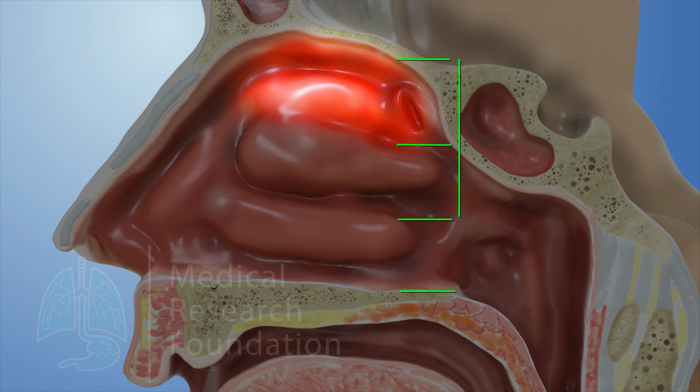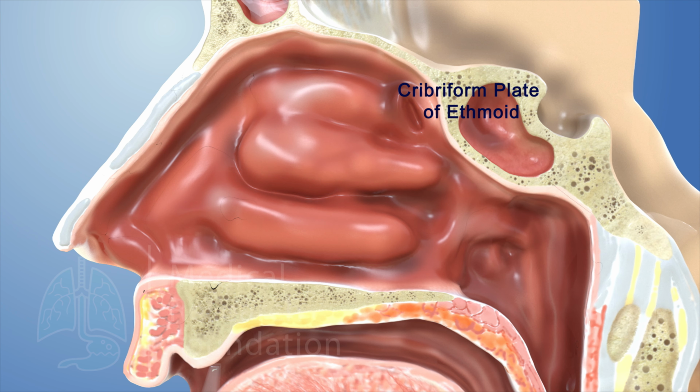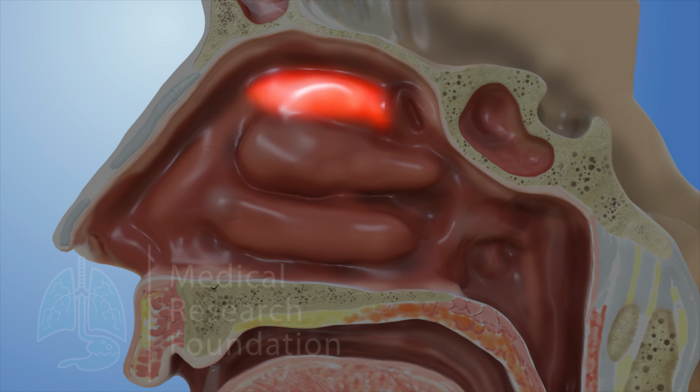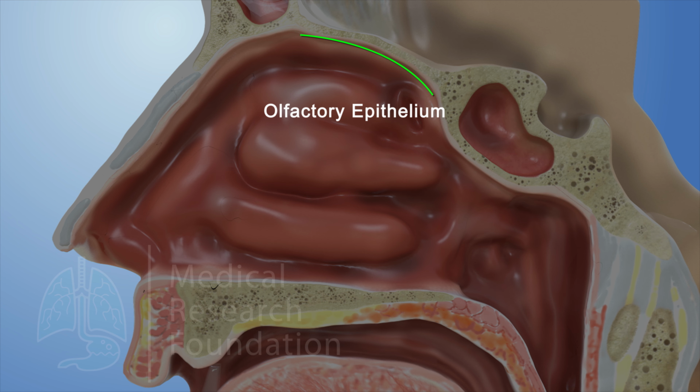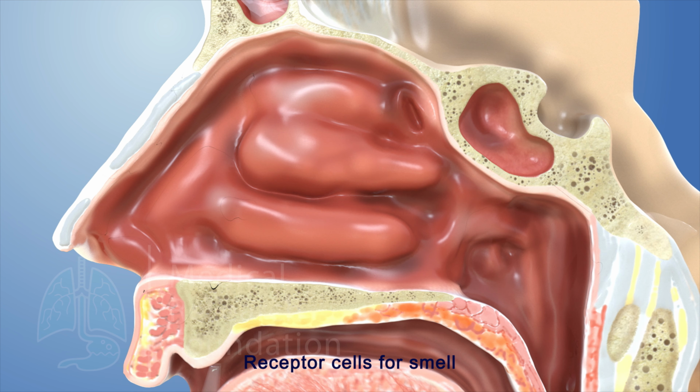The upper third of the nasal cavity, bounded above by the cribriform plate of ethmoid, laterally by the superior nasal concha, and medially by the upper 1/3 of the nasal septum, forms the olfactory region. It is lined by the olfactory epithelium, which contains receptor cells for smell. Here, the mucous membrane is paler in color.